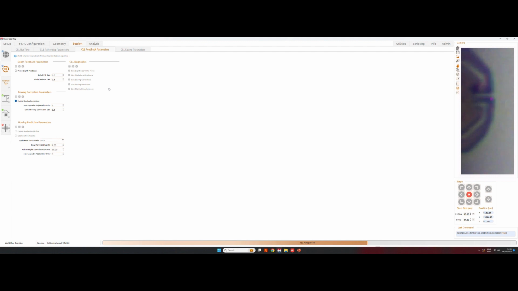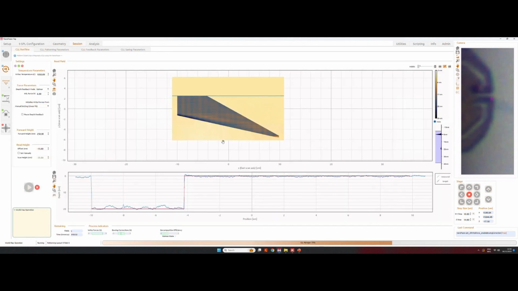But these two options are usually turned off because in rare cases they can also cause some issues with the feedback.